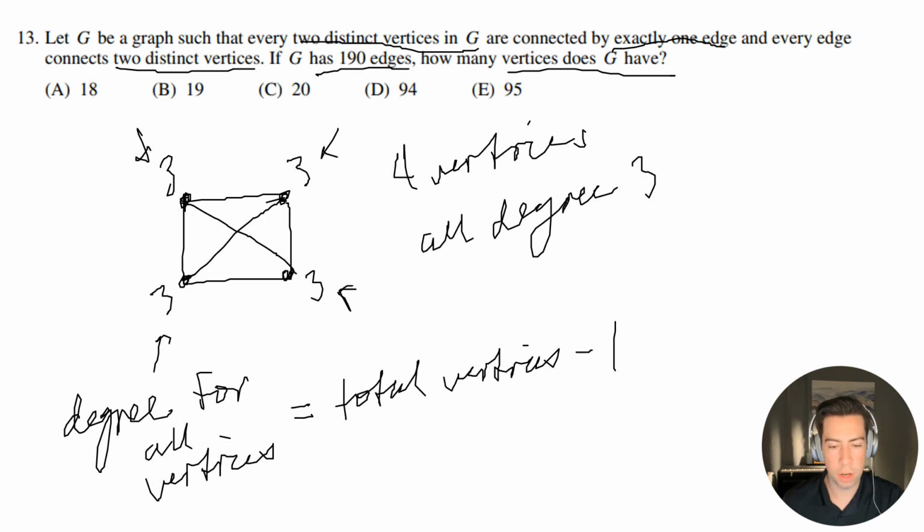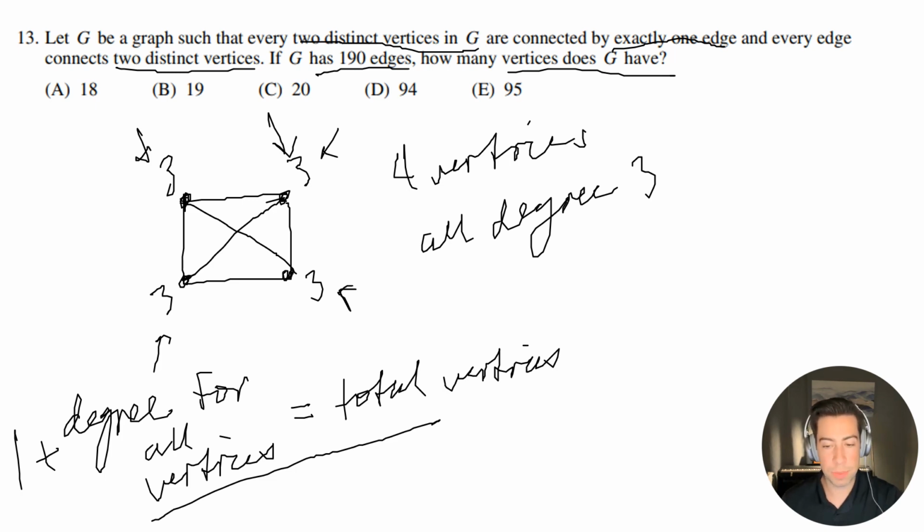Wait, is that right? No, sorry, guys, not minus 1. 1 plus the degree for all vertices is going to equal my total vertices. Because right here it's 3, and I have 4 total, so I need to add 1. So this statement has to be true.